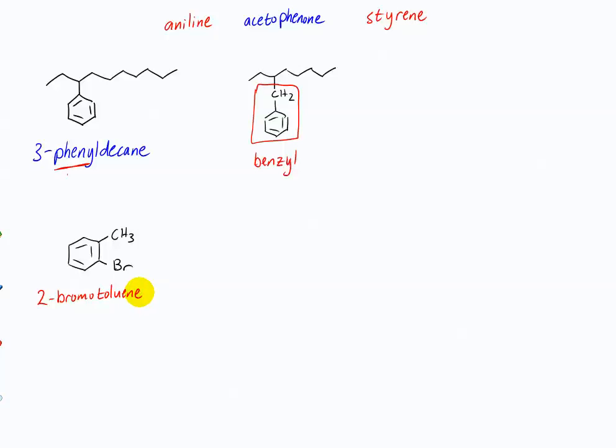So the number 1, normally our priority goes with atomic number and other stuff. But in benzene, if you're using one of those names that we just talked about, carbon number 1 is always the carbon that thing comes off of. So if it's toluene, then carbon number 1 must be the methyl group. If it's phenol, then carbon number 1 must be the carbon with the alcohol. And there's another way we can name these also. Does anybody know?